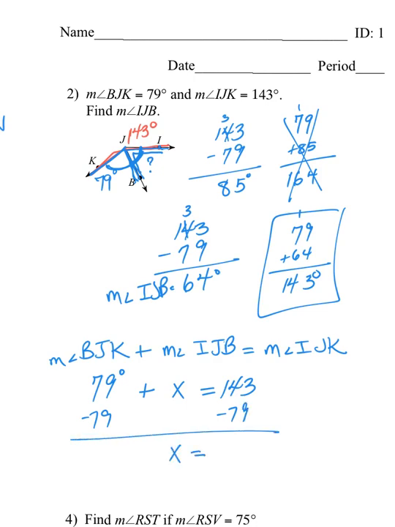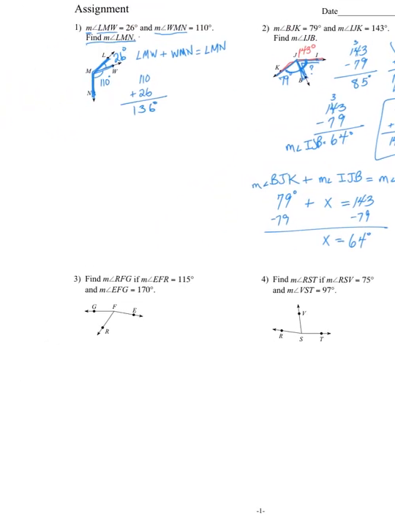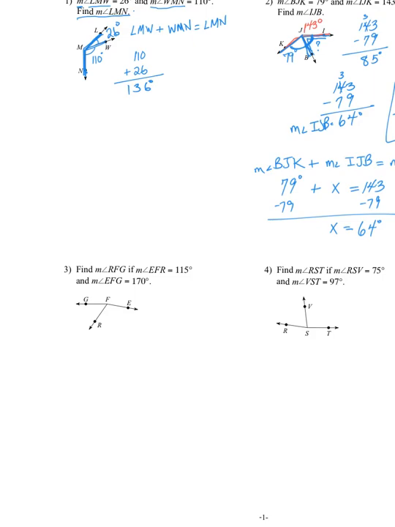So then that's how I can also get X equals 64. I hope this was helpful. If you would like, you can stop this video and try these two angles here.